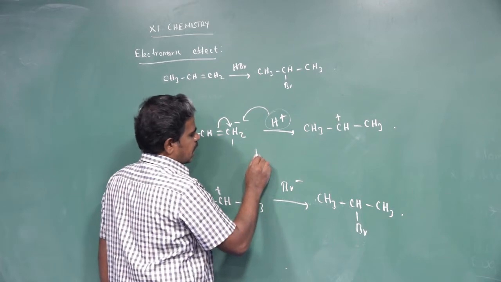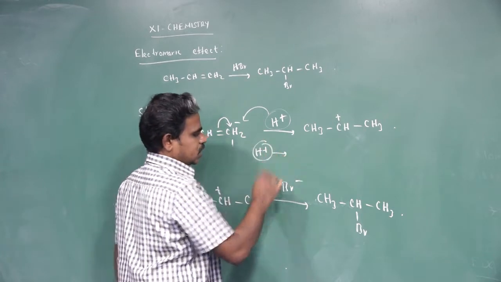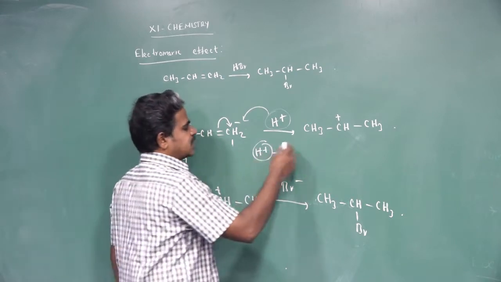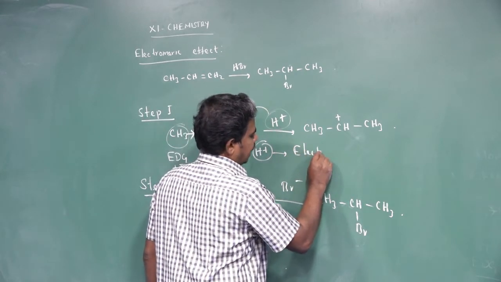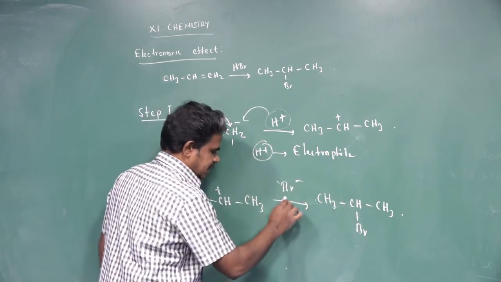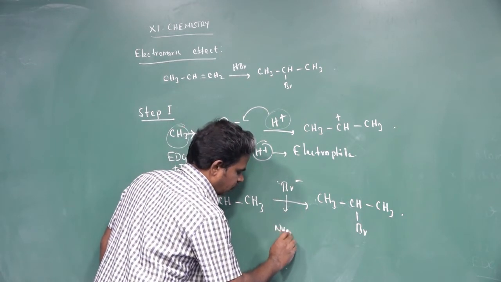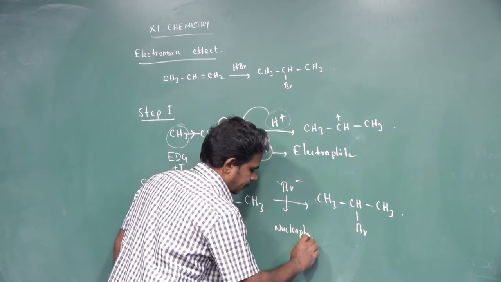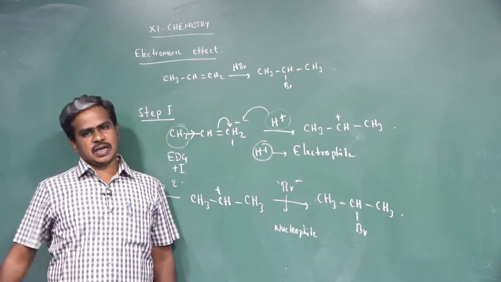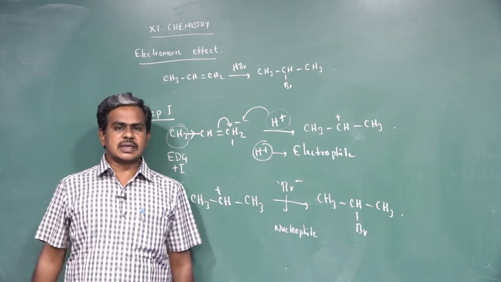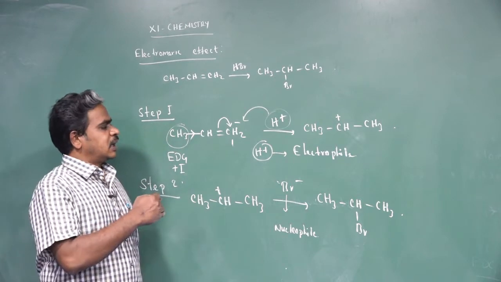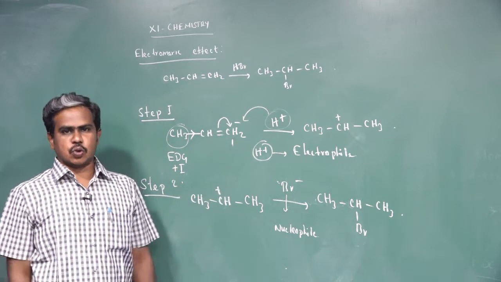Now, you know that H plus is a positive charge. We may compare the electrophile and the nucleophile. H plus is an electrophile. Br minus is a nucleophile. Now, is it electrophilic addition or nucleophilic addition? It depends on which one attacks first.